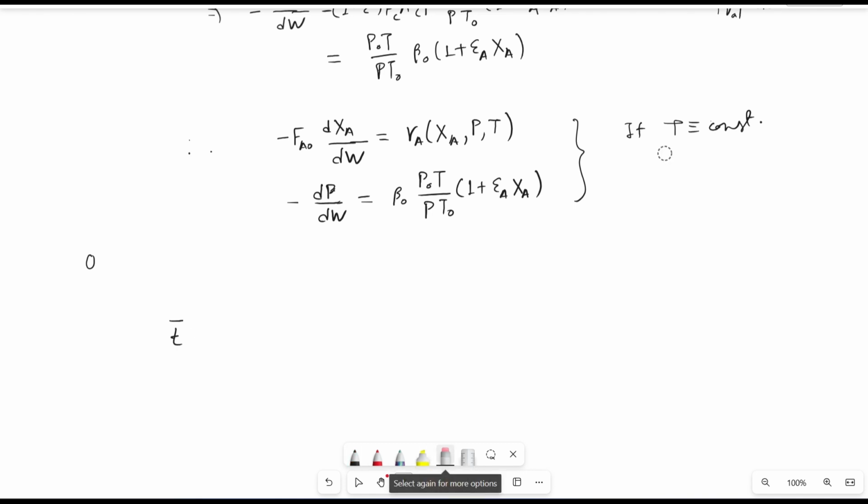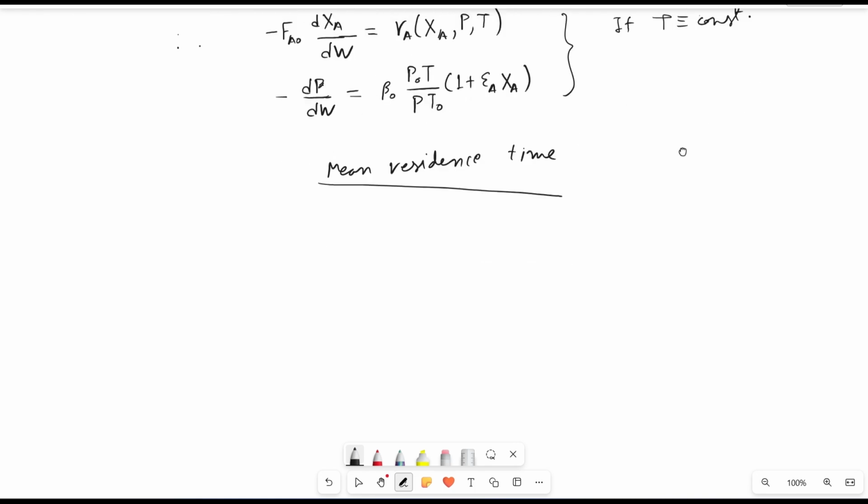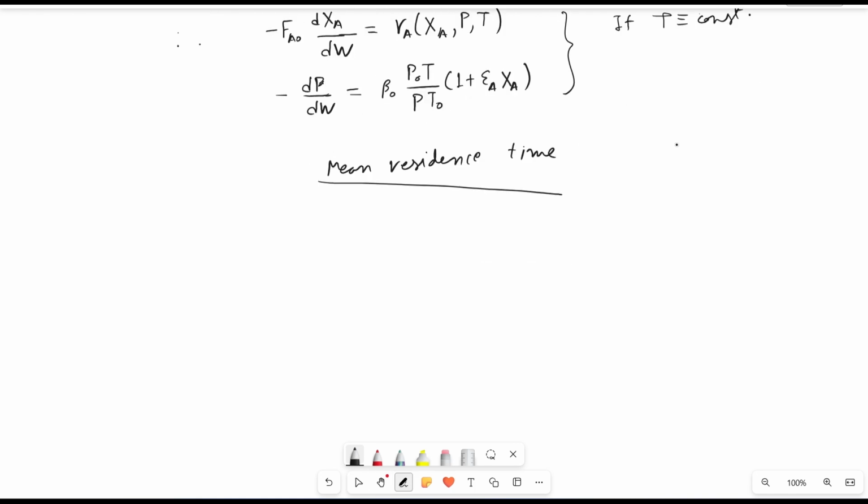These are certain extra terms like mean residence time. This is important while discussing residence time distribution. Mean residence time is the average time spent by the volume of fluid inside the reactor.